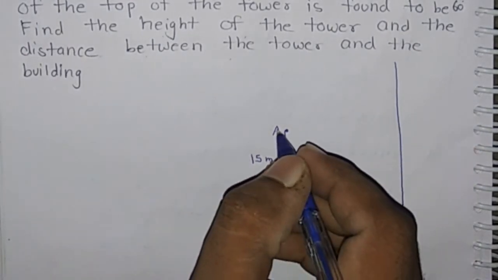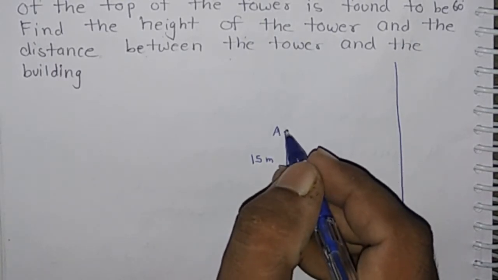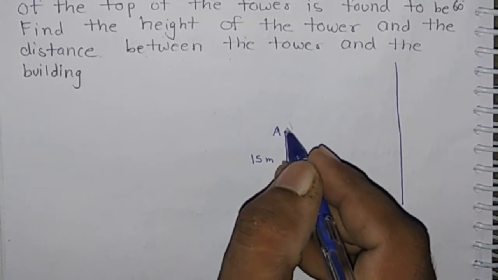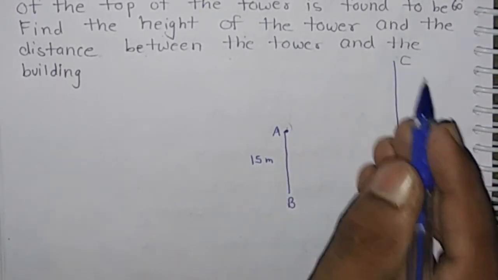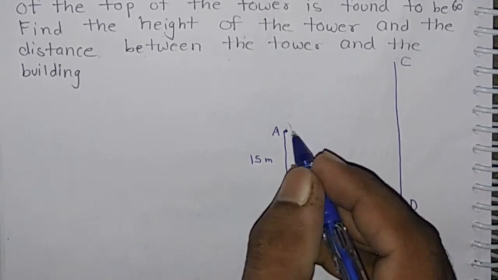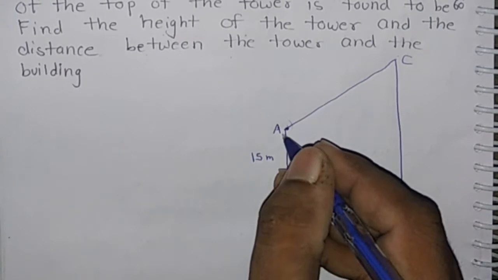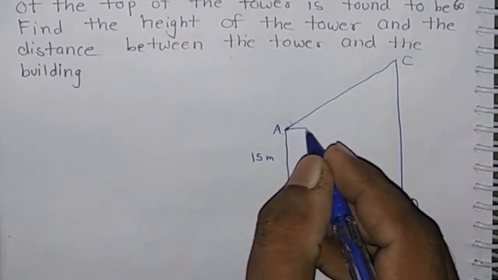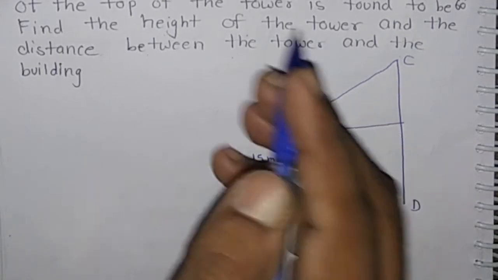The angle of elevation of the top of a tower is the angle of elevation from the top of the building to the top of the tower. It is tower CD, and the angle of elevation from the top of the building to the top of the tower is found to be 30 degree. That is 30.